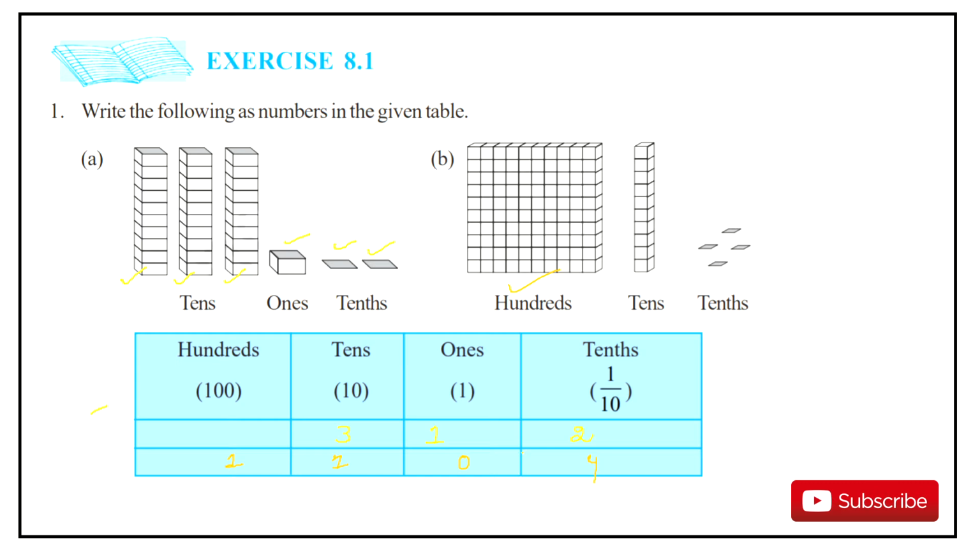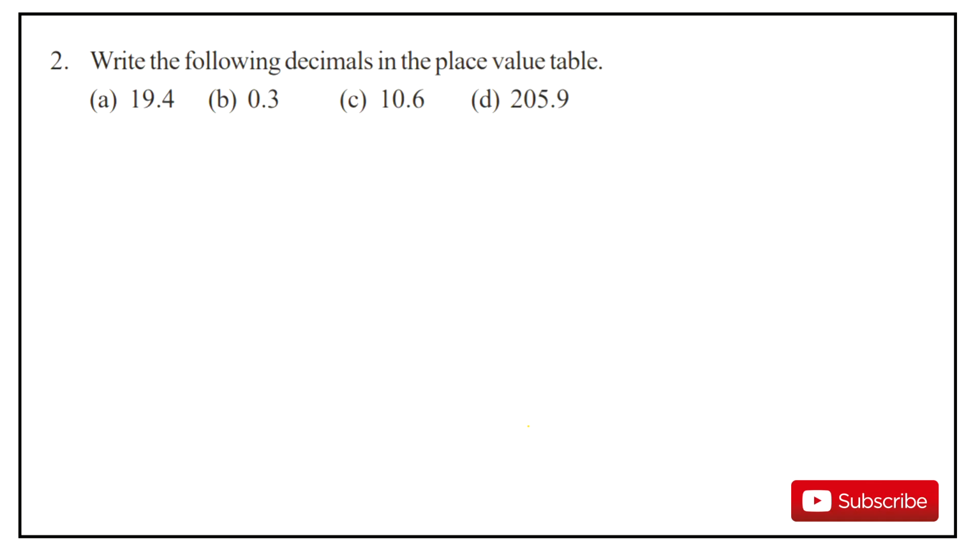Okay, let's begin the second question. Write the following decimals in the place value table. Now class, before I start with the place value table, first we are going to write the place value table and make it a combined one. My first place value is always hundreds, tens, ones.